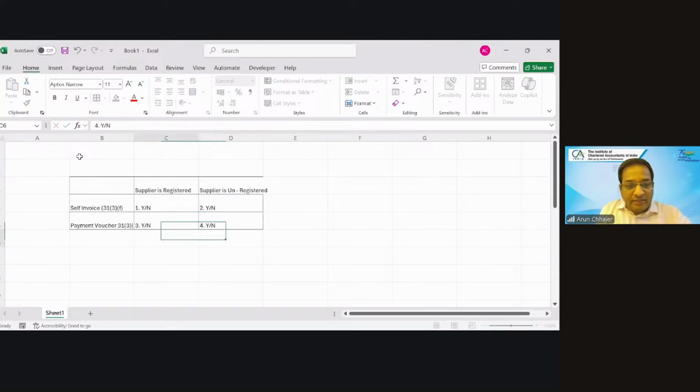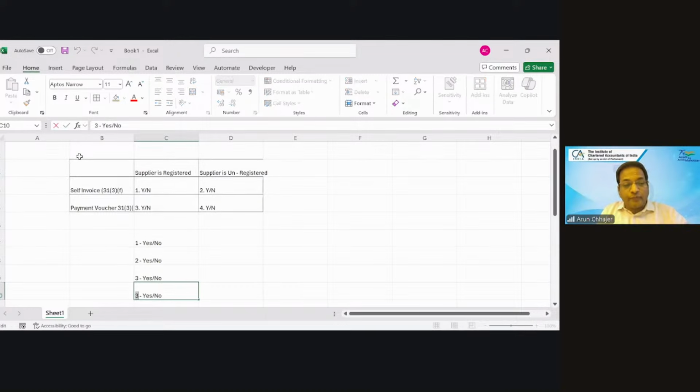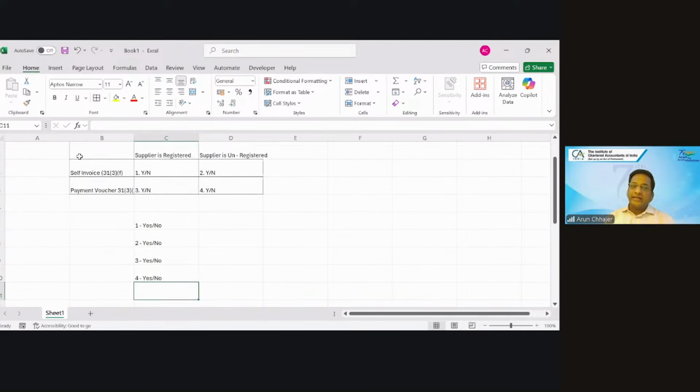Just give me the answer. What is the 1? Yes or no? What is the 2? Yes or no? What is the 3? Yes or no? And what is the 4? Yes or no? Just quickly complete the chart. Tell me the answer. It is for the reverse charge only.